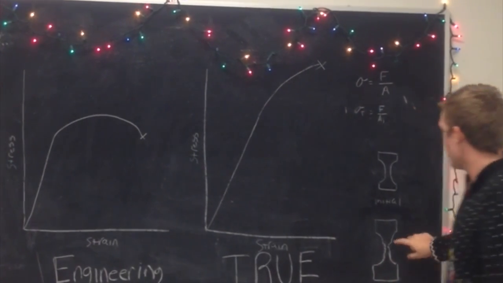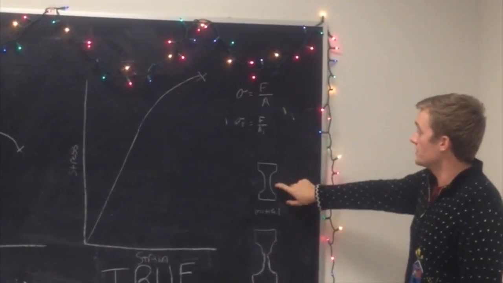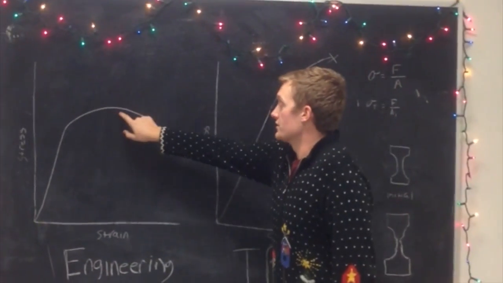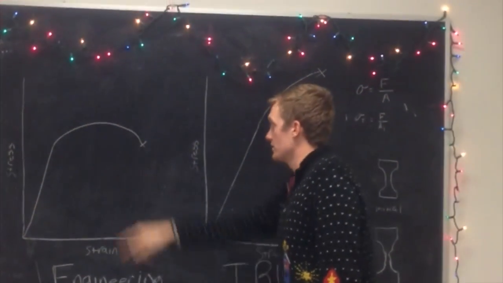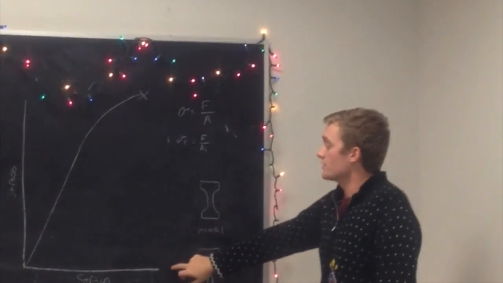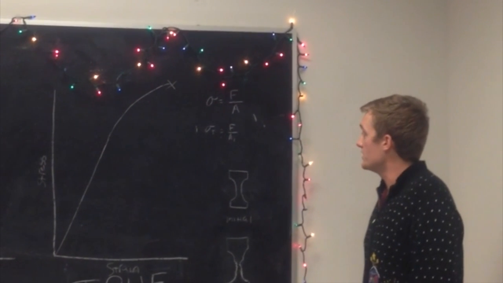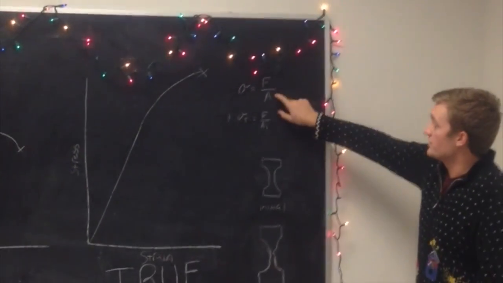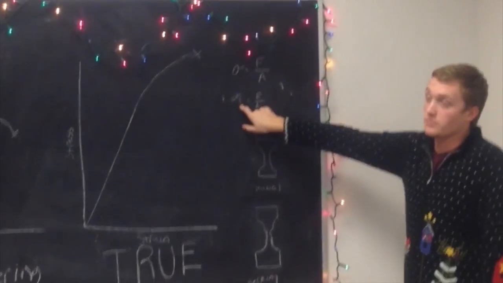Since this doesn't account for the necking, the initial cross-sectional area is used, so the stress decreases as plastic deformation continues. Now for the true stress strain curves, this curve does take into account the decrease in the cross-sectional area as seen by this formula. As you can see, the area here is getting smaller, so this stress level will become bigger.